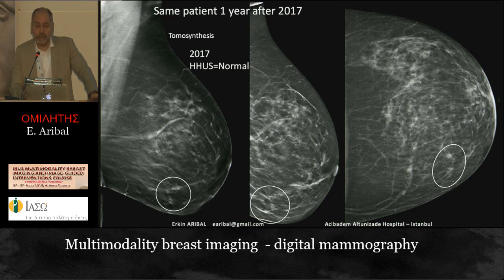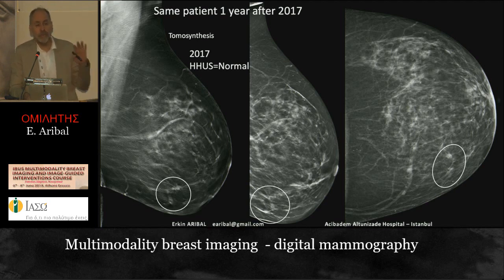And the handheld ultrasound was normal, as she had a very fatty breast. These lesions were suspicious, and they preferred to do the handheld ultrasound, and it was normal. So they sent the patient home.